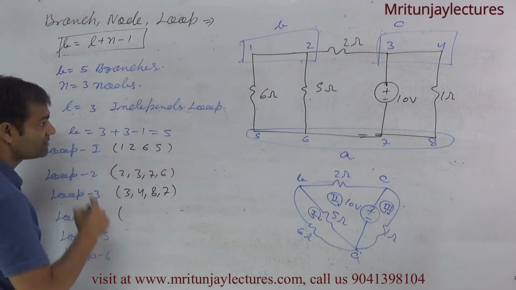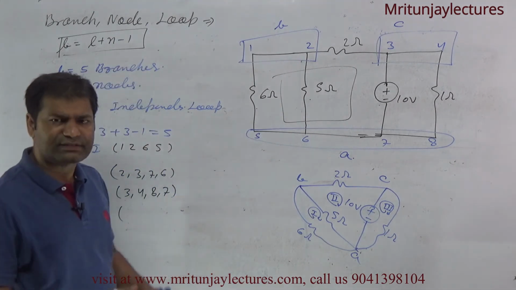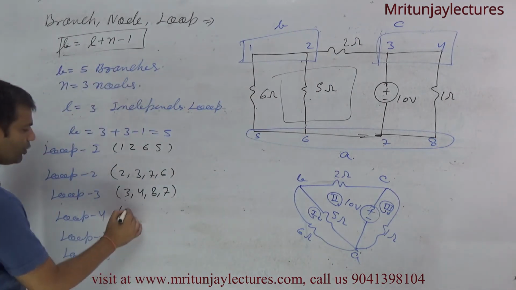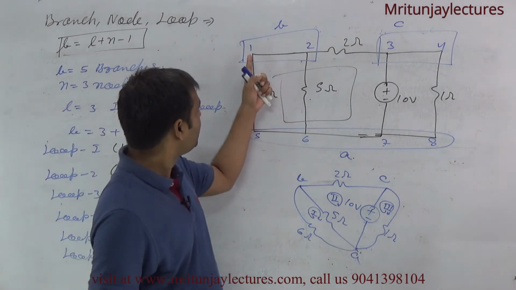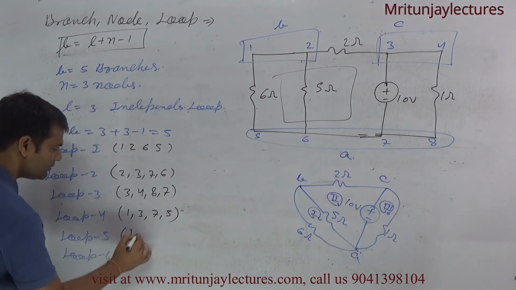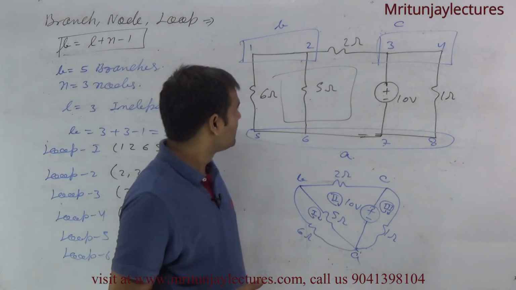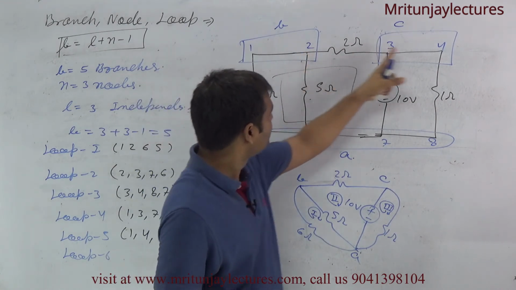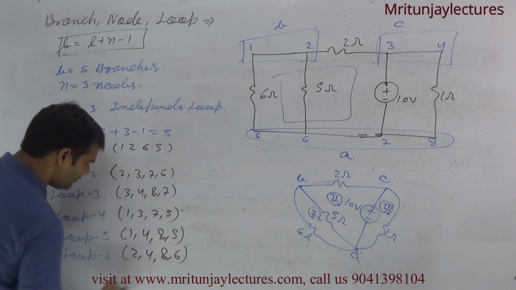Clear? Now next one, loop number 4. This one is also called a super loop. It is a part of the loops. So 1 3 7 5. Next one, 1 4 8 5. Now the last one, this one also creates a super loop, 2 4 8 6. How many loops are possible? 6.